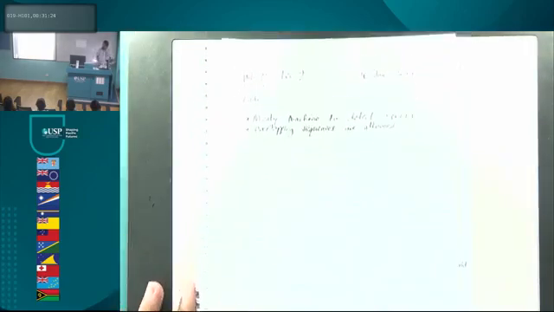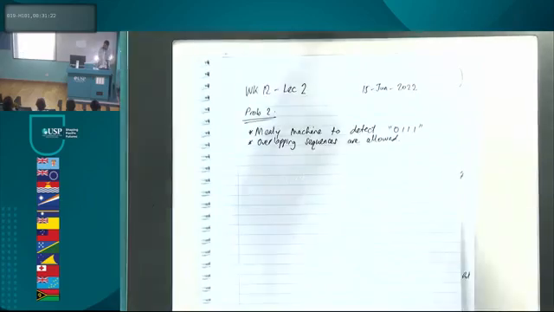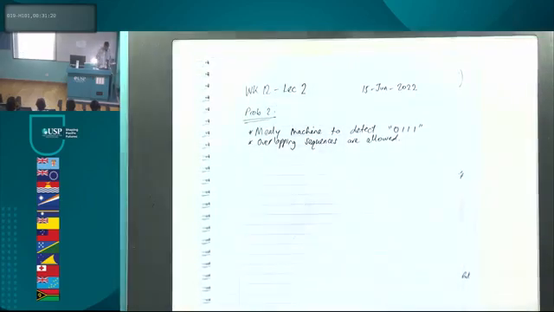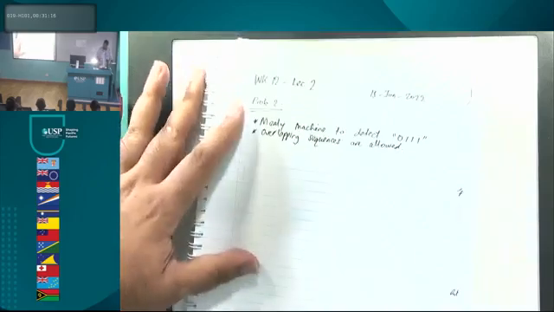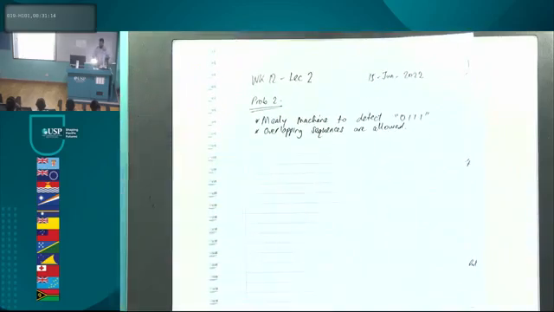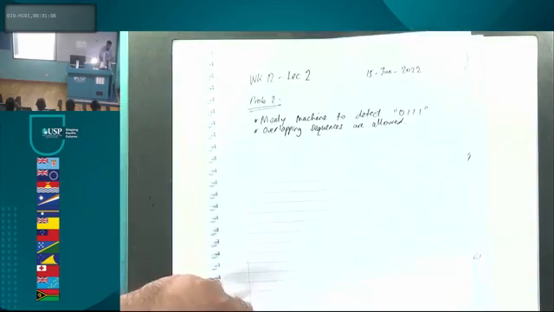Is that visible, guys, or a bit too much or too less? There's nothing responding on this machine. At least the camera is working. Is that all right for you guys? I can't zoom in. I don't know why, none of the buttons are working.